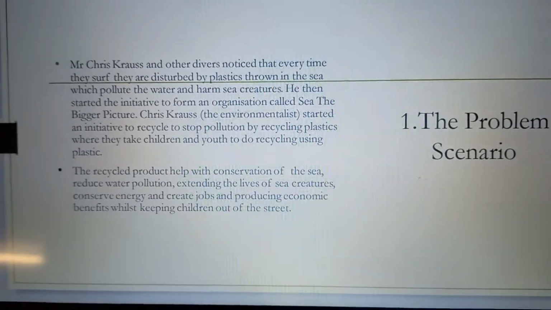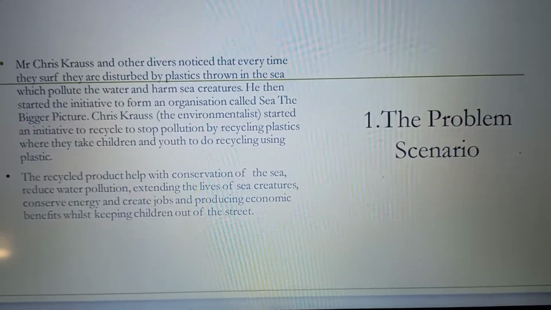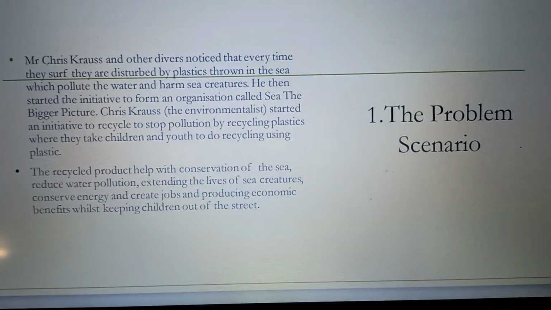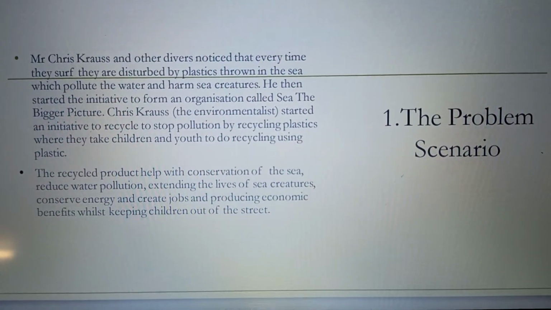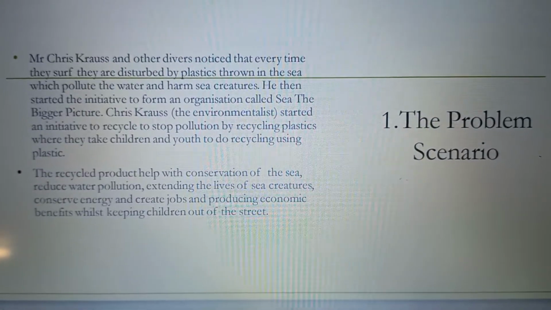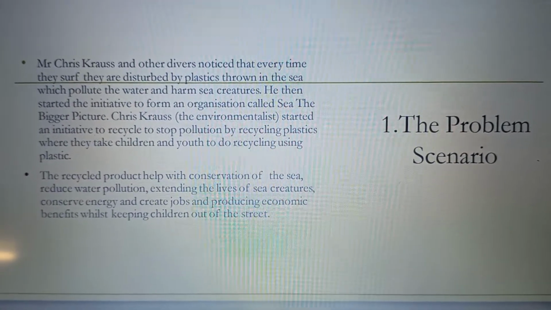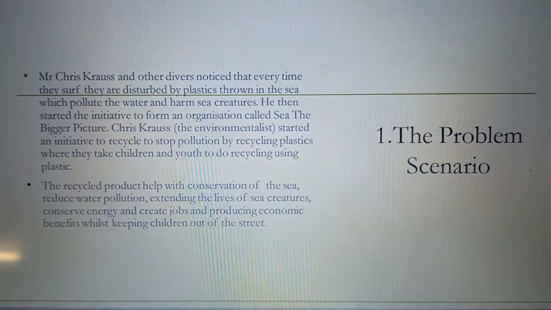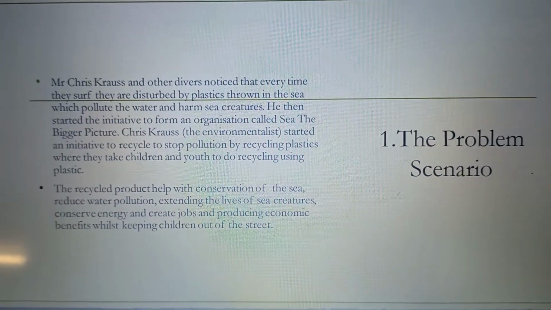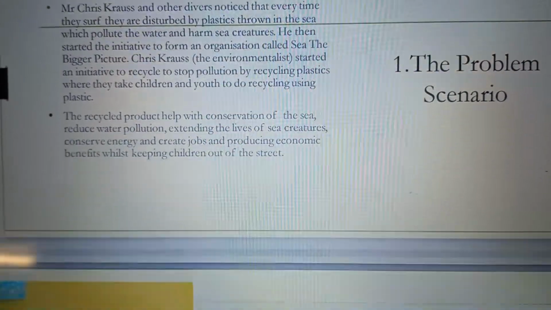So he decided to start this organization, and he calls it See the Bigger Picture. It's actually the environmentalist who started the initiative to recycle so that he can stop pollution. So he is doing this just to help the conservation of the sea, which will reduce the water pollution and extend the lives of sea creatures.